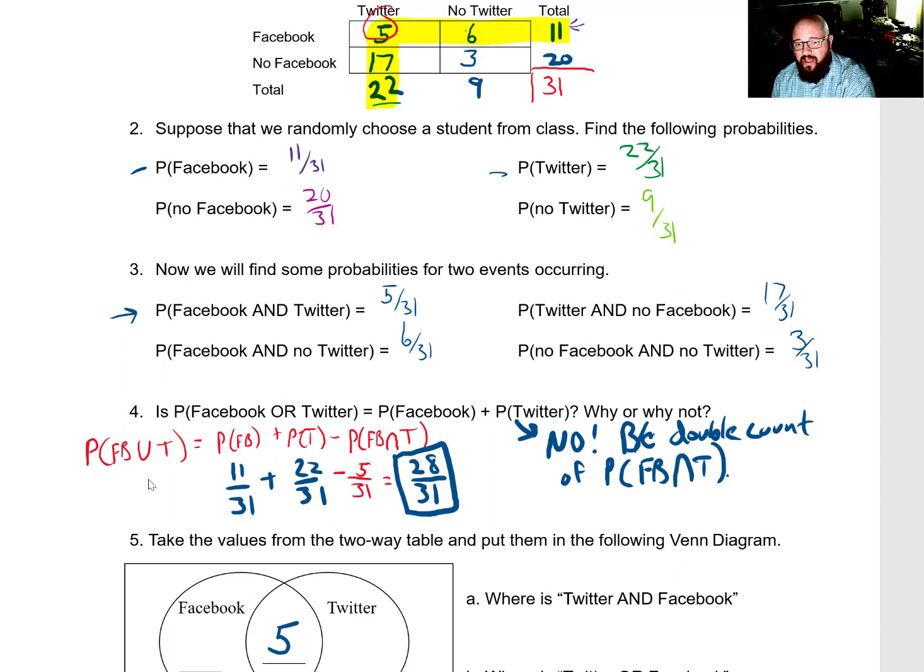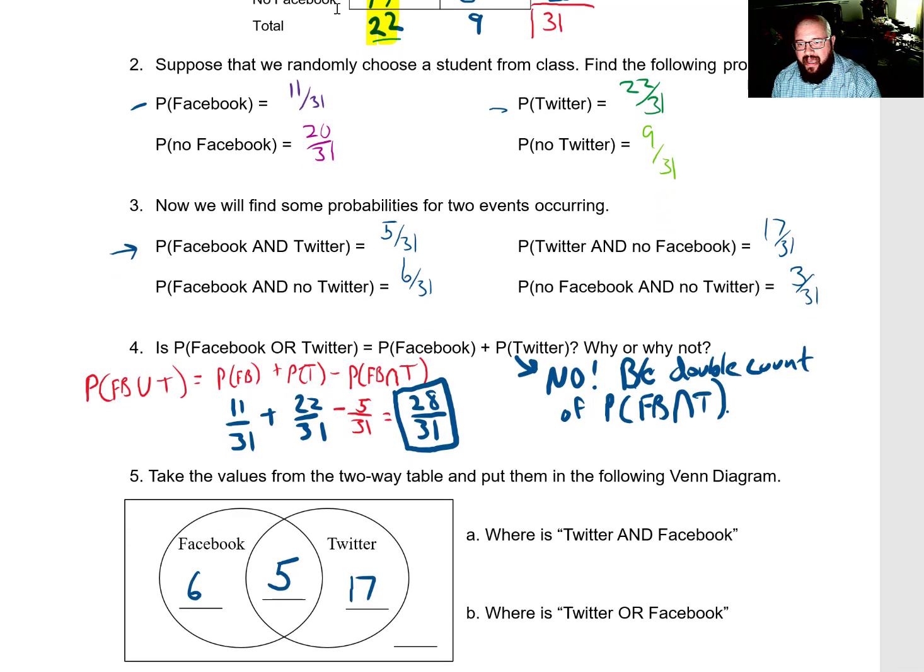So if it's just Facebook and not included in the Twitter circle, there was a 6 here, because 6 of them did Facebook. Now, if we go on the column here for Twitter, we saw 5 that did Facebook and Twitter, which we already have here. And then there were 17 that did Twitter but not Facebook. So the value that should go in just the Twitter bubble and not Facebook is 17.